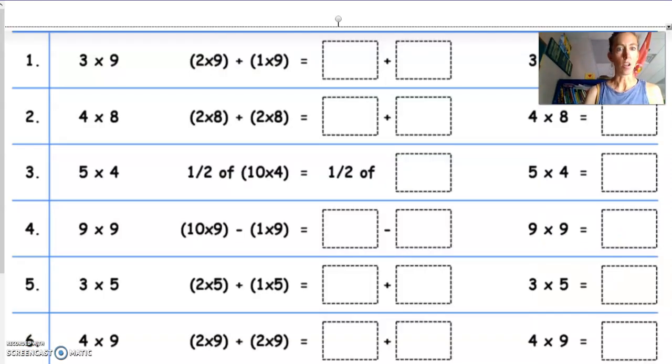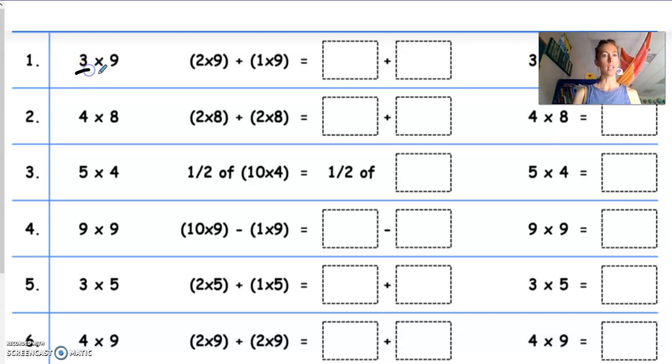So let's practice all these. Here we go. Number 1, try to write these with me. 3 times 9. Oh, I see a factor of 3. Let's practice that one. A factor of 3? Well, we can just double that 9, and then add on one more set of 9.